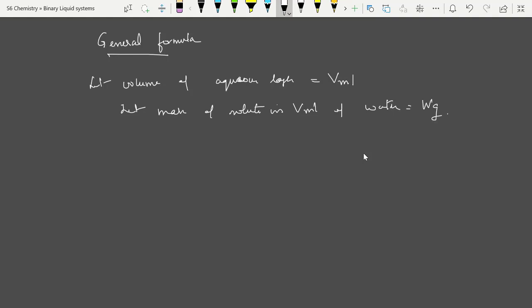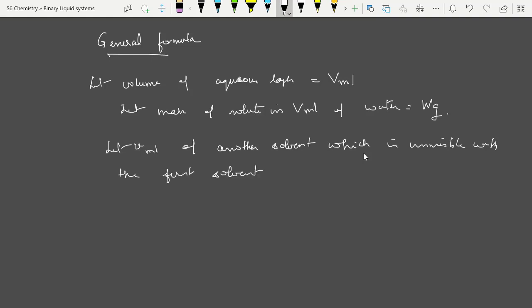The solute is extracted repeatedly with a solvent which is immiscible with the first solvent. It need not be water, just two immiscible solvents. So, let small v ml of another solvent, which is immiscible with the first solvent, here taken as water, be used for extraction.